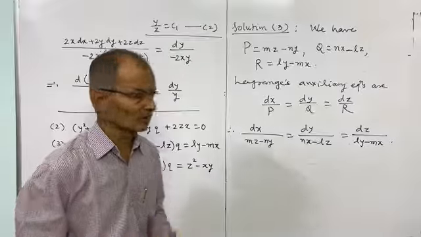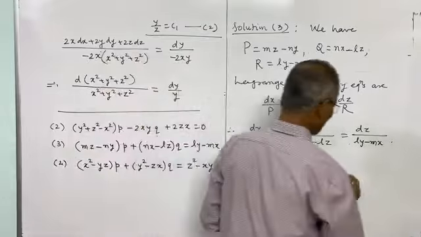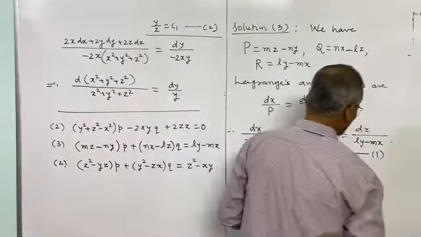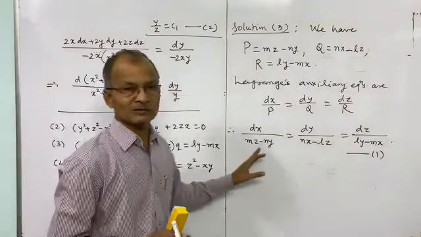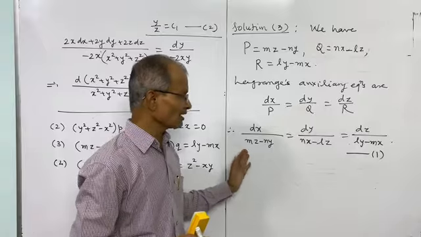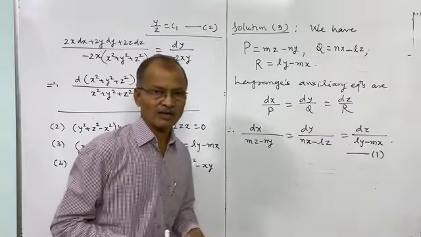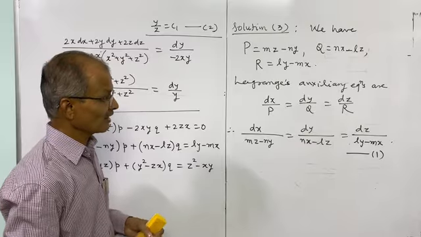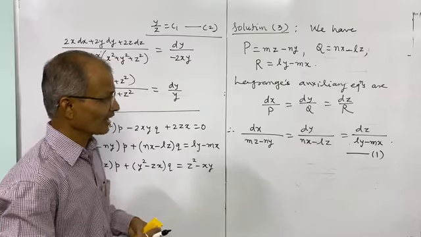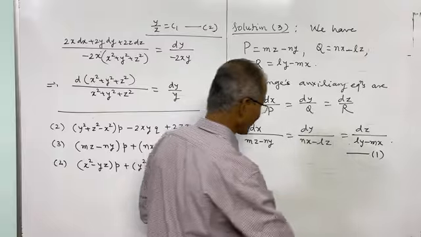So we have to think about the multipliers. This is the equation in terms of variables x, y, z, and also the constants. Here l, m, n are to be considered as constants. So if you take the multipliers as in the earlier case, here we will take the multipliers x, y, z. Then see what happens.